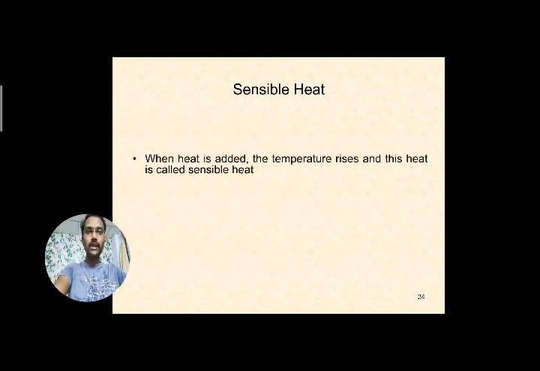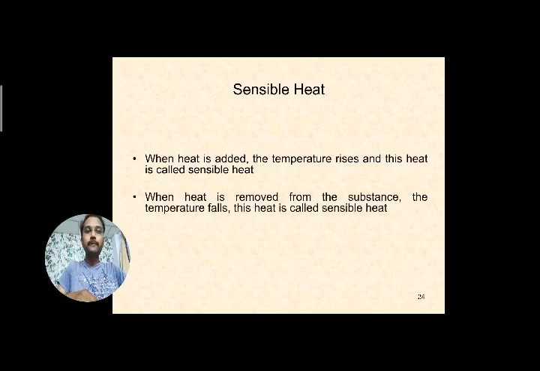Coming to sensible heat, it is very simple, and you can find the difference between latent heat and sensible heat. When heat is added, the temperature generally rises. Whenever heat is rejected or removed, the temperature decreases. This heat is called sensible heat.